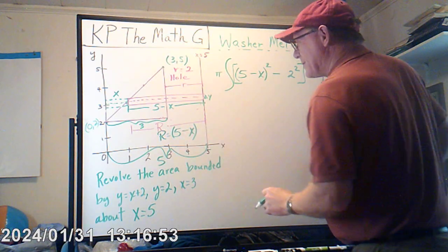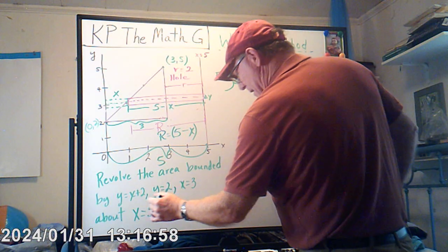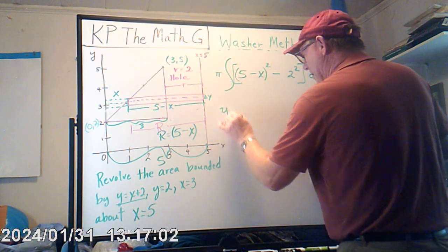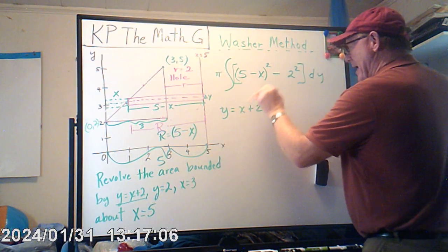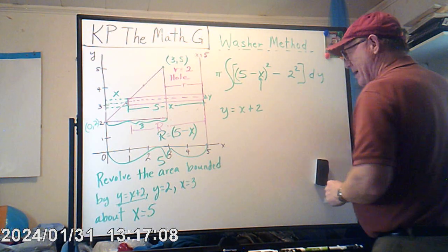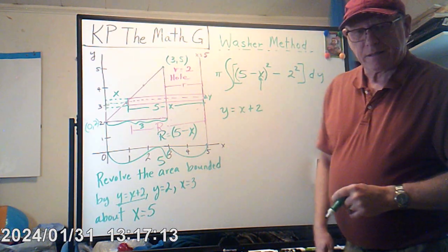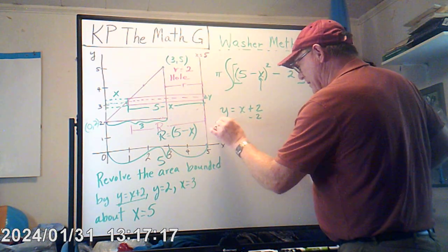My equation says that y is equal to x plus 2. Since I need x right here, I need to find out what x is. So let's minus 2 on both sides.